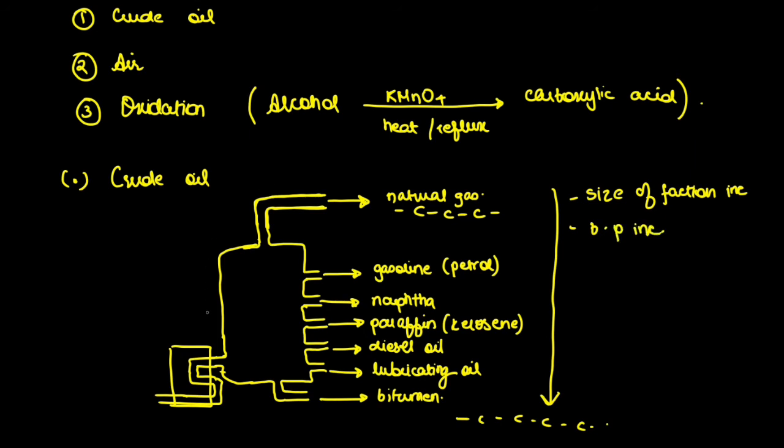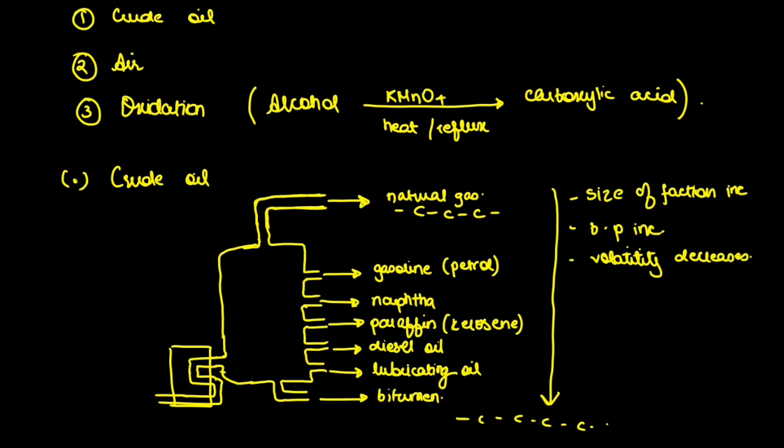Alright, that's why they are lower down in the fractionating column. And if boiling point increases, then can I say volatility decreases? Now what is volatility? Volatility is basically the ability to evaporate at low temperatures. So volatility decreases.